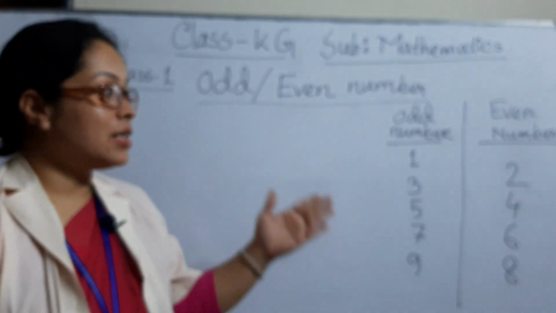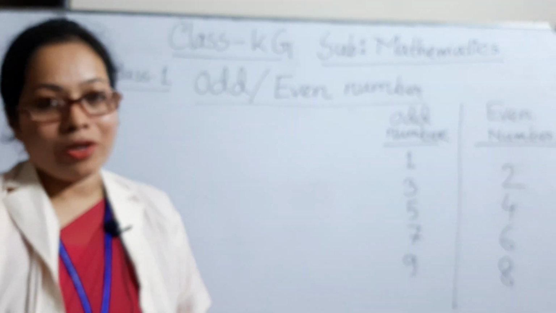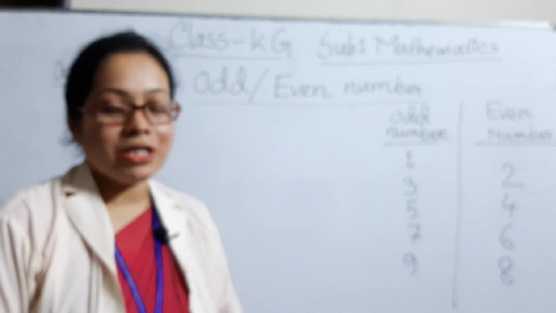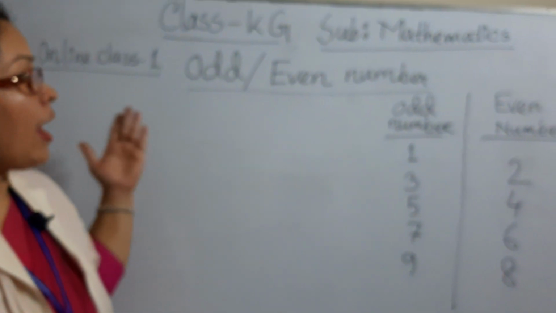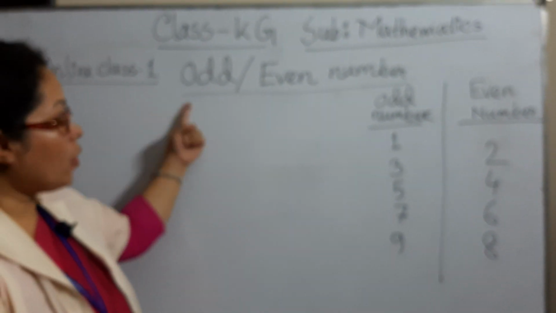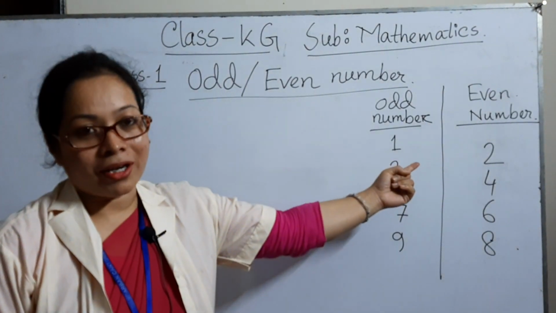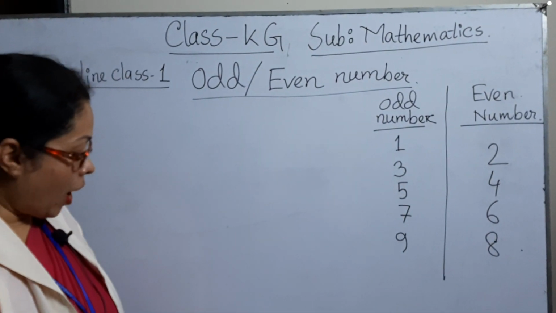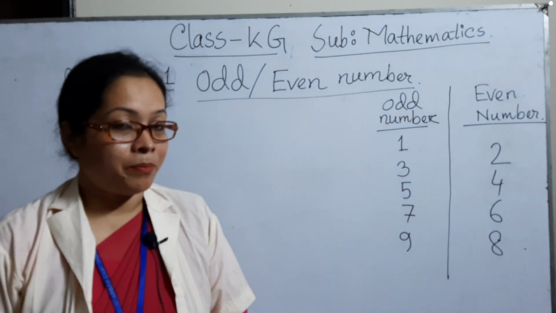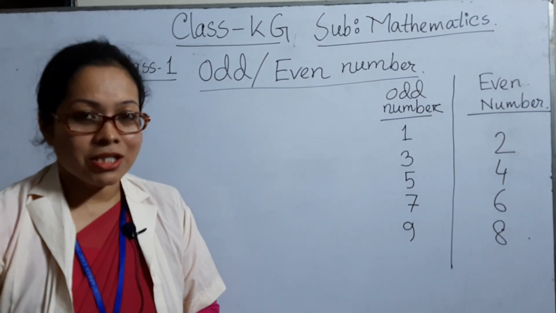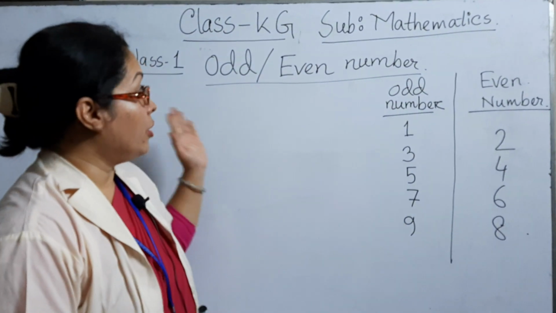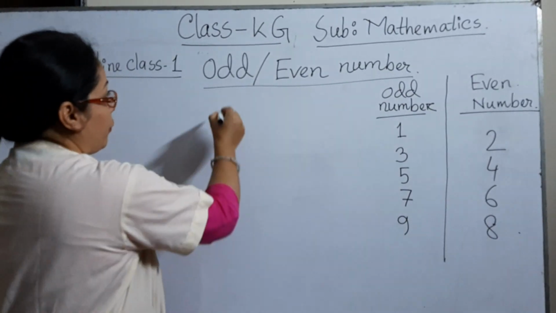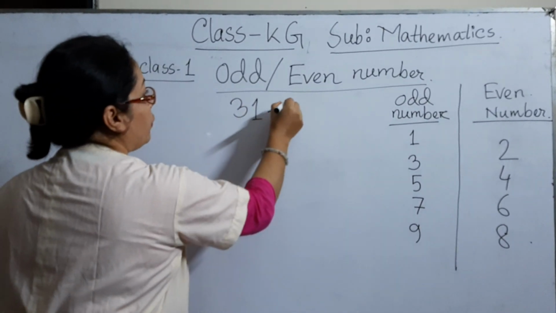Today, according to the syllabus, you have odd numbers and even numbers. So today my topic is odd and even numbers. In your syllabus you have 31 to 70, but today I will discuss 31 to 50 only.